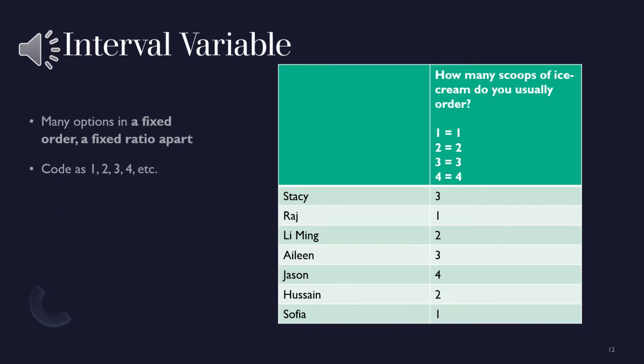Interval variables go from one end of the scale to another end, such as how many scoops of ice cream, 1, 2, 3, and 4. There's a fixed difference between 1 and 2 and 2 and 3 and 3 and 4 scoops of ice cream. You really have more options for bivariate analyses with these.